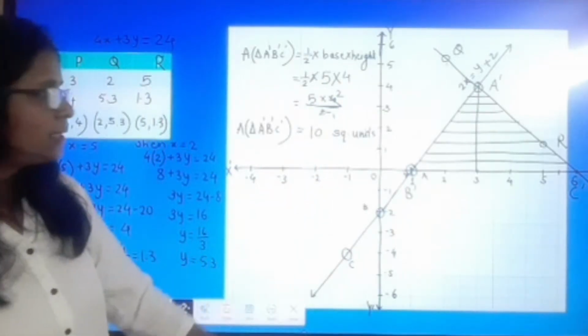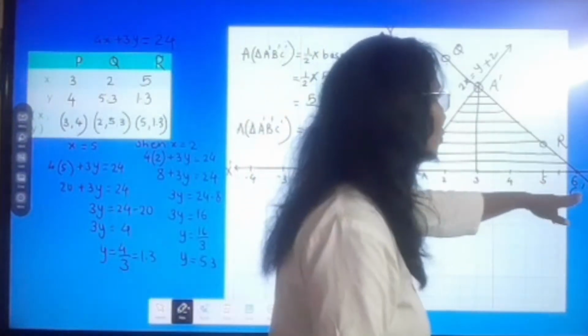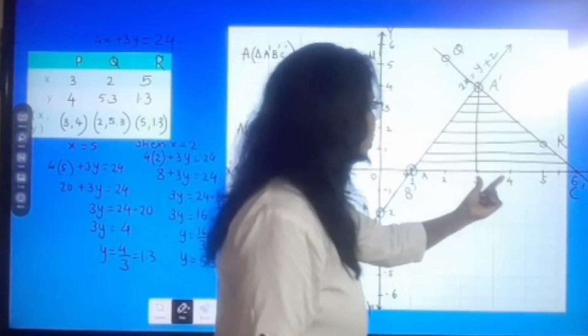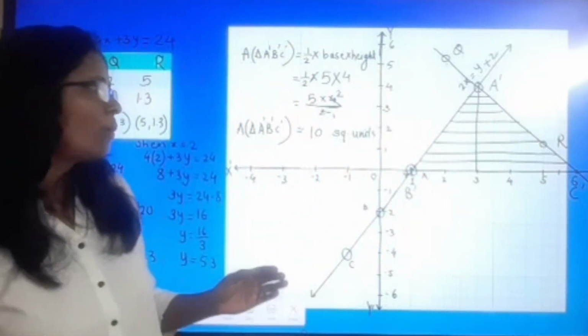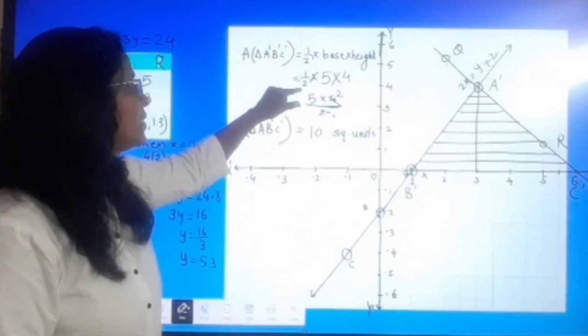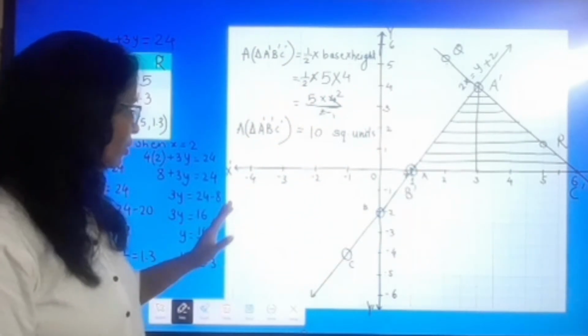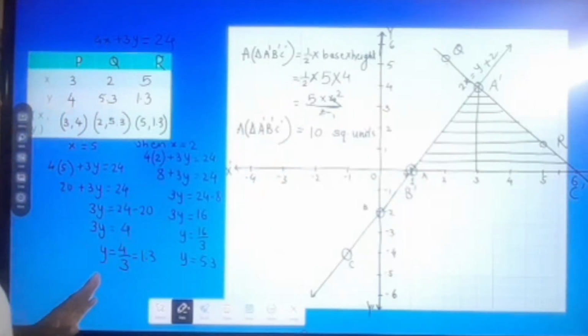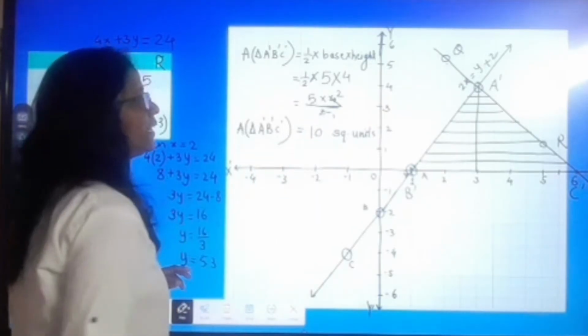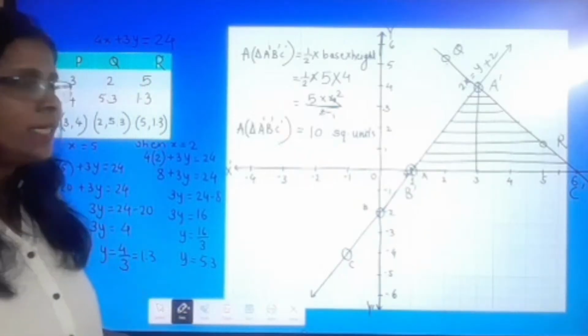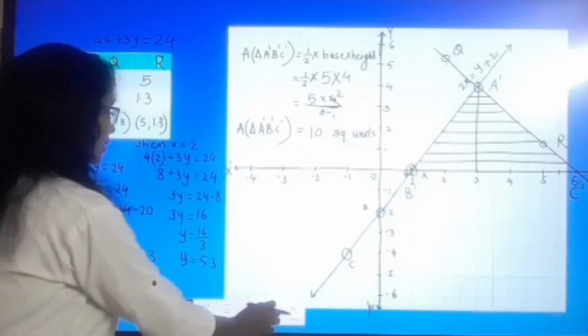No, that is 1, 2, 3, 4 and 5, so these are the 5 units. So here we write the base as 5 units. So there is a correction: the area of triangle A dash, B dash, C dash is equal to 10 square units. Now come to the next example.